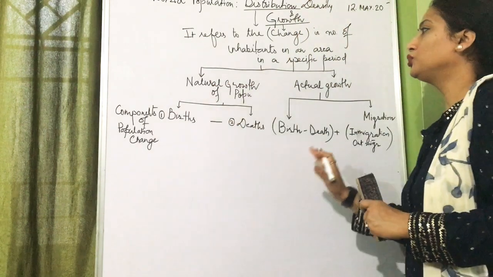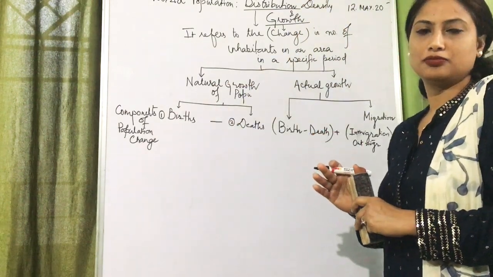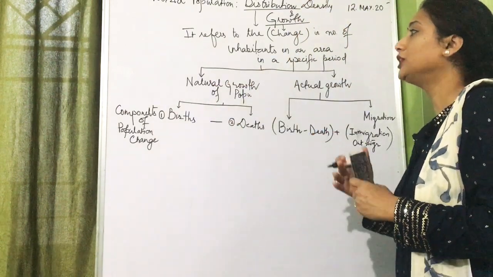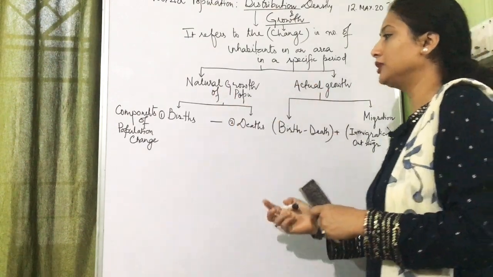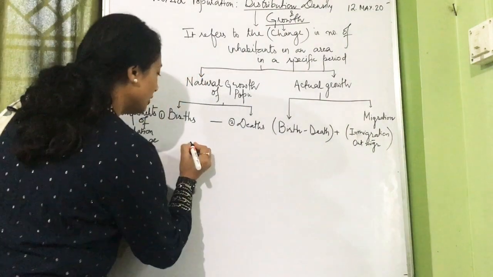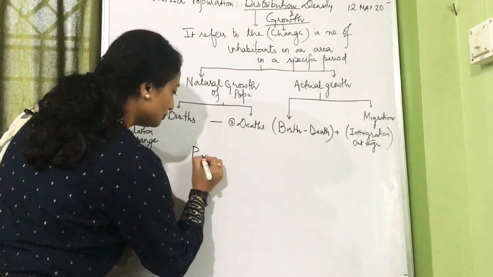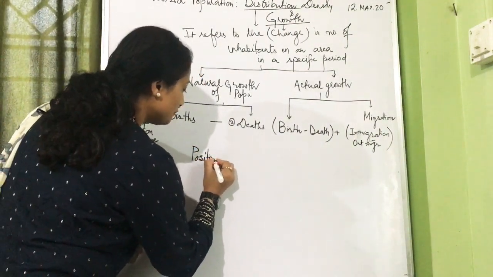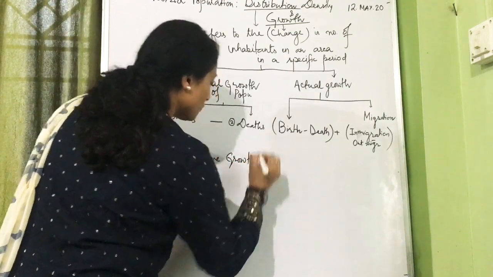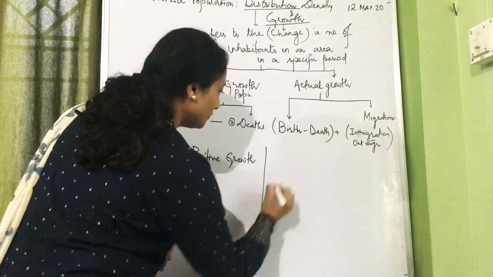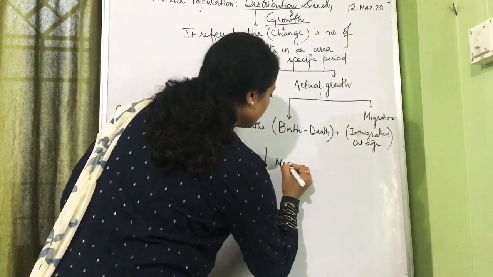Why do we want to know the growth of population, or the change in population? Because the change in population can be in terms of a positive growth of population, or it can be a negative growth of population.